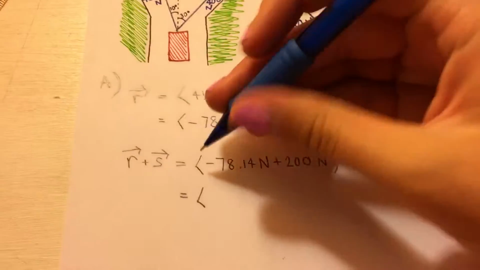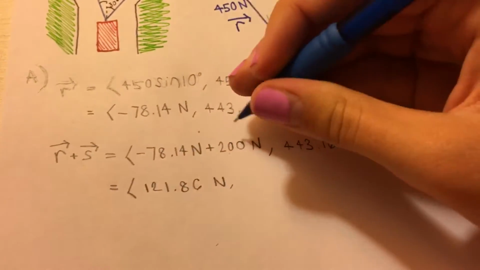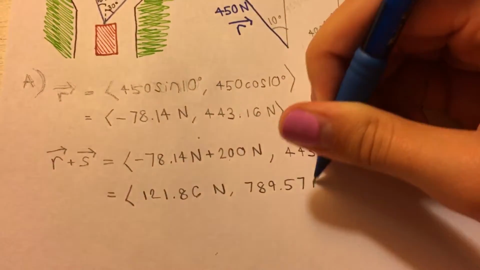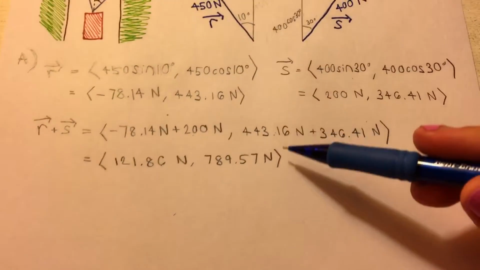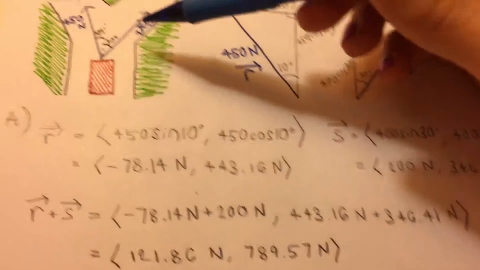So when we do that, we get 121.86 newtons and 789.57 newtons. So that's our resultant vector, but we have to find the magnitude of the vector.